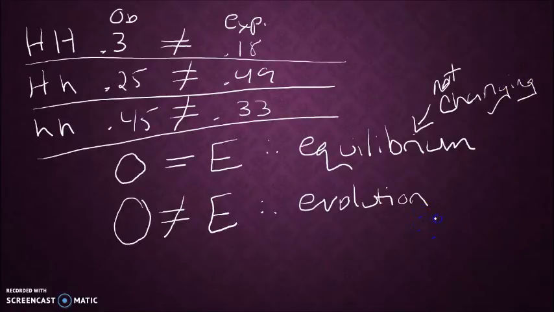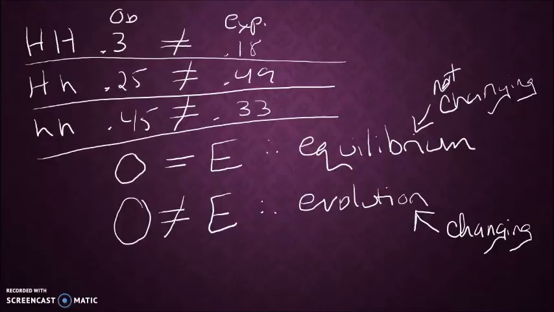And then here, evolution, our population is changing. Okay, so that's the difference. The expected equals the observed, population is in equilibrium. Expected does not equal the observed, the population is evolving.